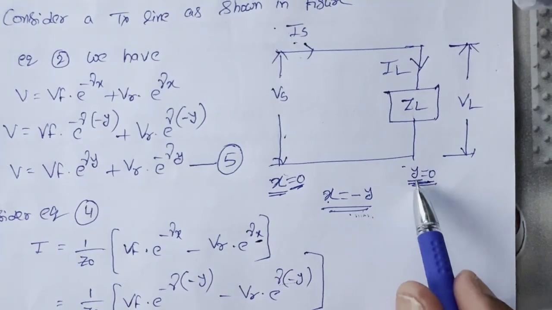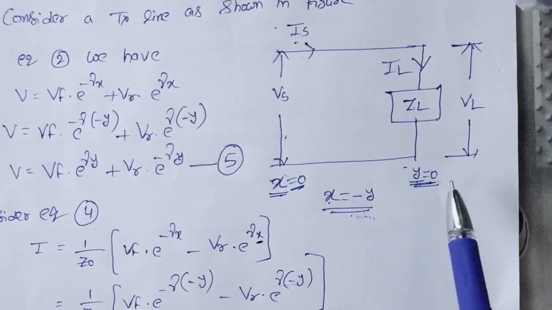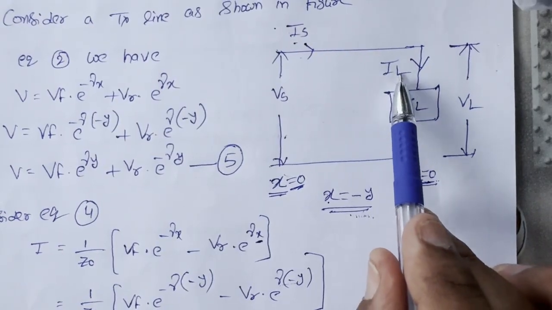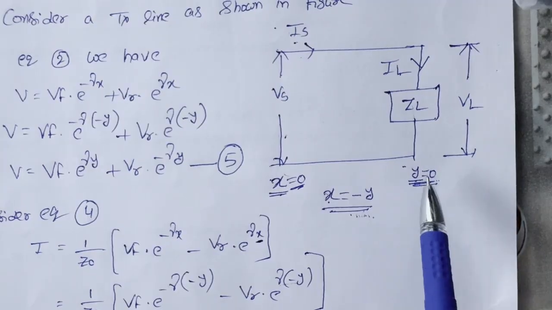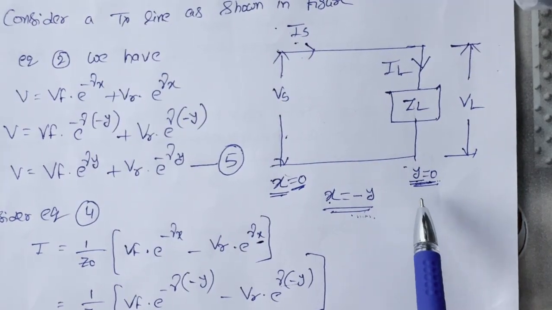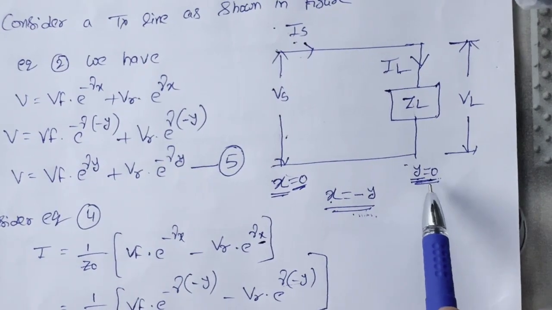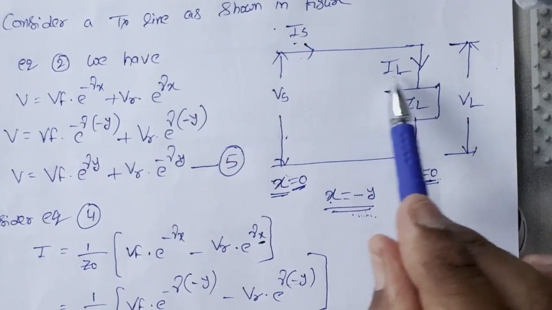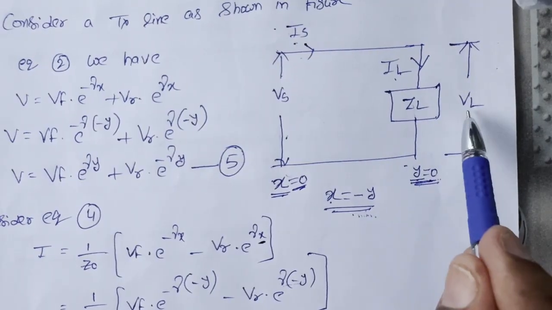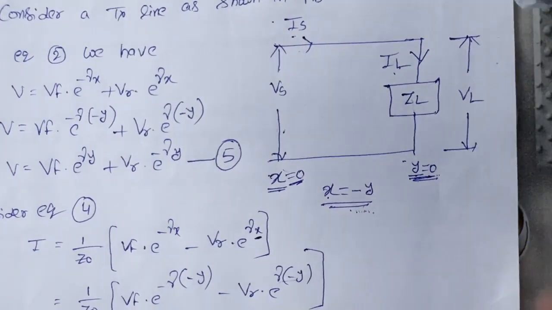So at y equal to 0, the value of I is IL and the value of V is VL.